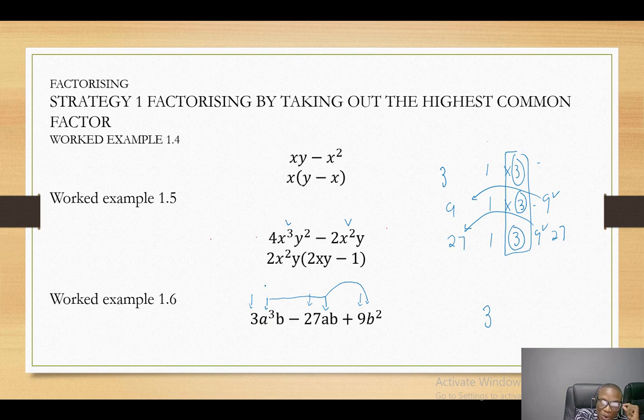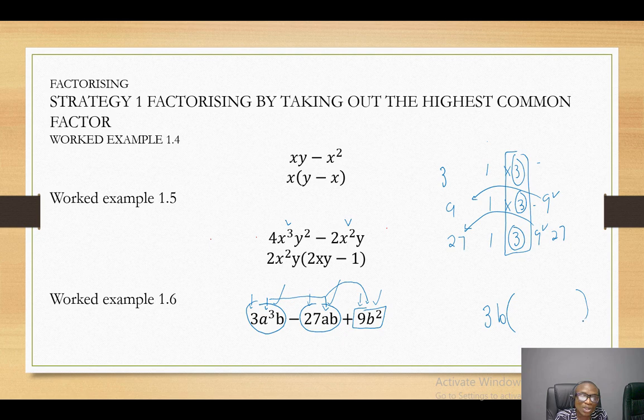A is found on the first term and on the second term, but it is not there on the third term. So a is not our common factor here. But b is. B is found on the first, the second, and the third term. So our common factor is 3b, which we are going to write outside the bracket.